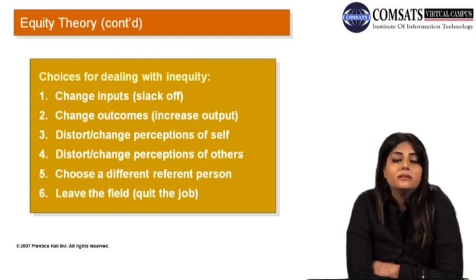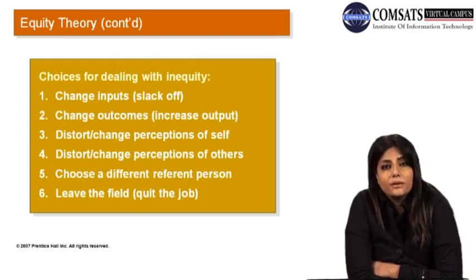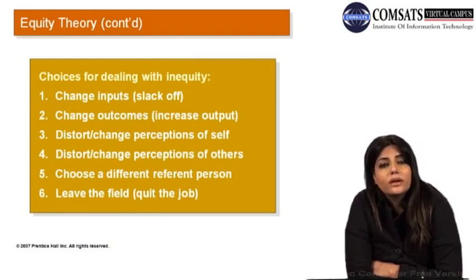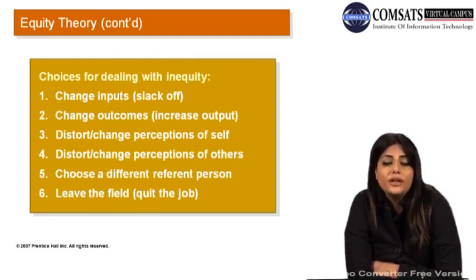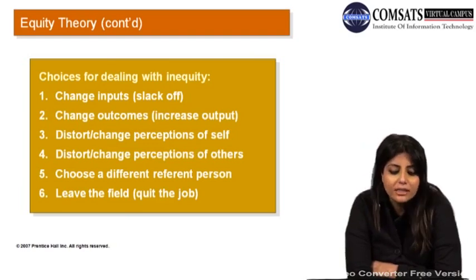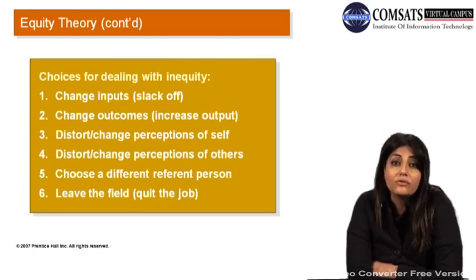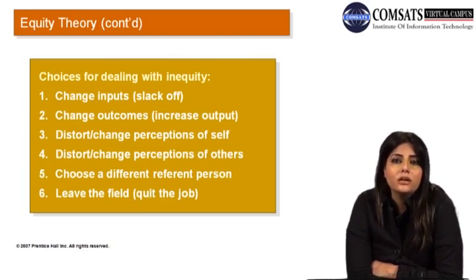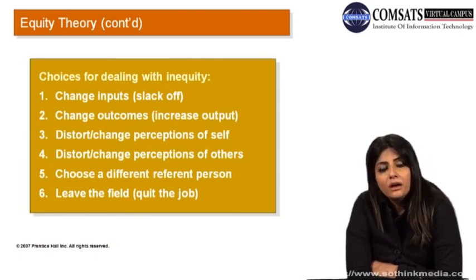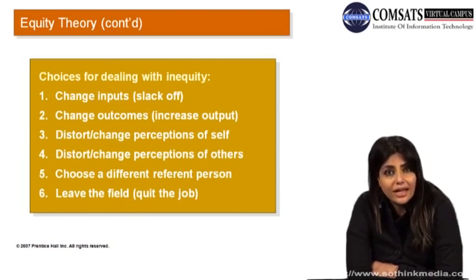For example, they might start thinking that they were really working harder, and they don't need to work that hard on that task. They can also change perceptions of others, the referent others with whom they are trying to make the comparison. They might think that Maslow, for example, his job is not as exciting or as good as I was thinking it to be.